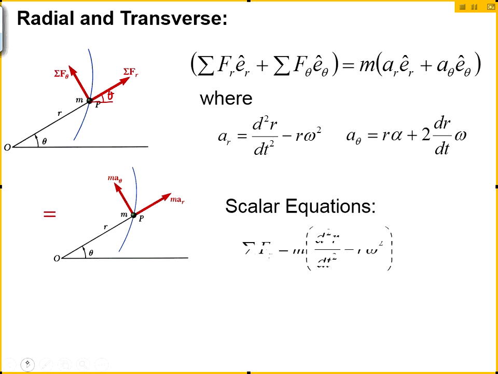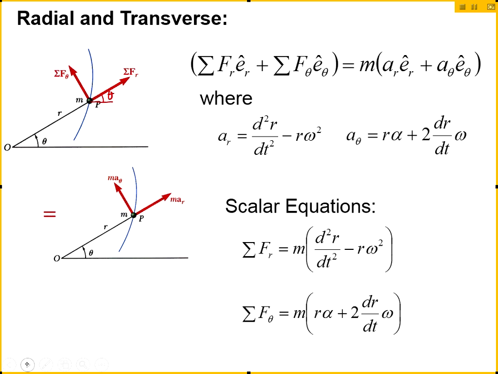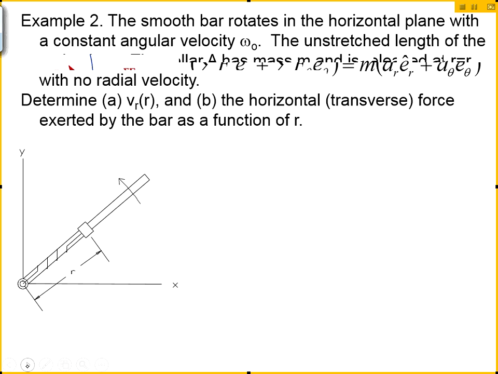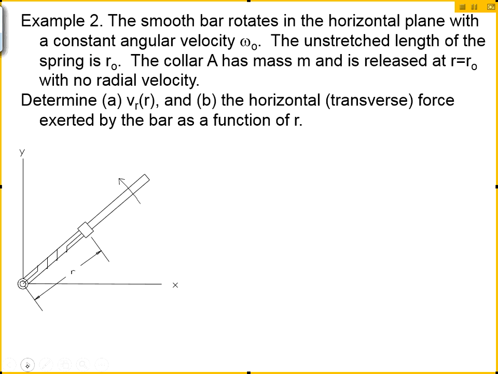So the summation of forces in the radial is m times (r double dot minus r theta dot squared), and the summation of forces in the transverse equals mass times a transverse, which is r theta double dot plus 2 r dot theta dot. Let's look at an example here.